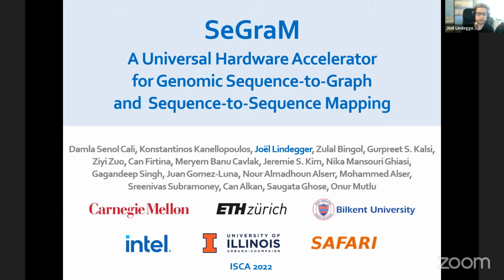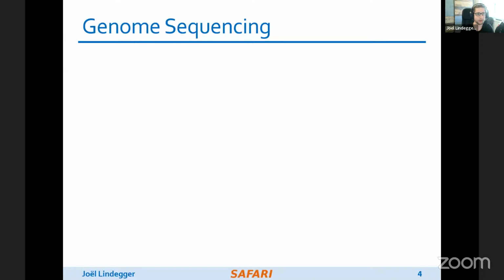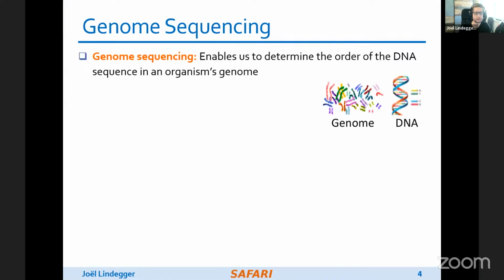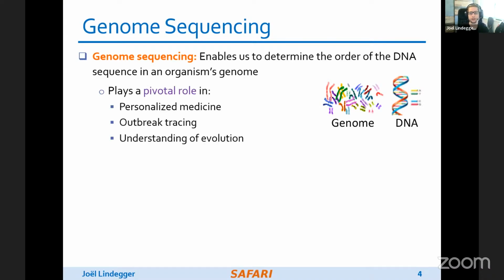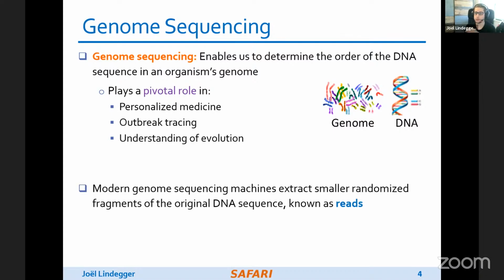So let me start though with a quick overview of what we're doing again. Recall that in genome sequencing, we determine the DNA in an organism's genome, and this plays a pivotal role in multiple applications such as personalized medicine, outbreak tracing, and the understanding of evolution. Modern sequencing machines extract only small randomized fragments of the genome. We call them reads.